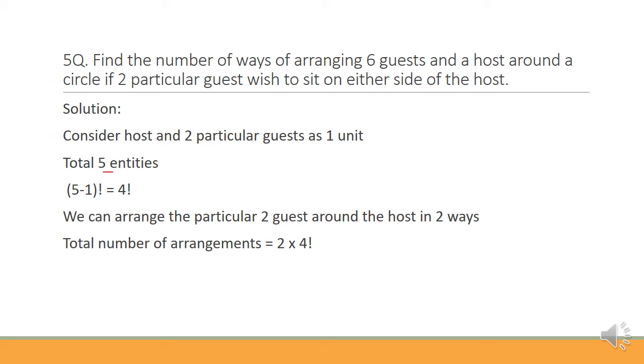So circular permutation for these 5 entities is n minus 1 factorial, that is 5 minus 1 factorial, that is equal to 4 factorial. We can arrange those two particular guests around the host in two ways, sitting on either side of the host. So the total number of arrangements so that two particular guests sit on either side of the host is 2 into 4 factorial.